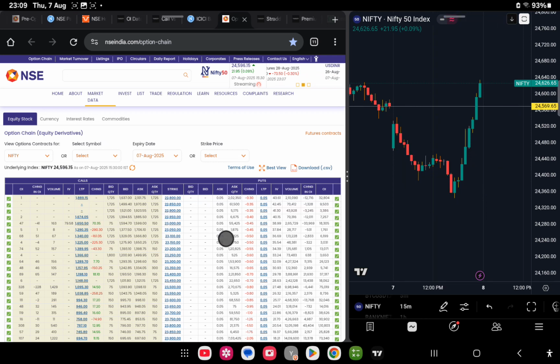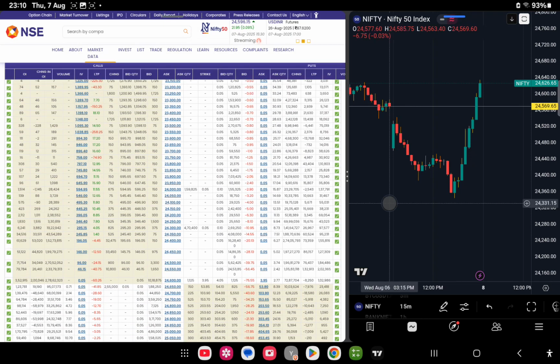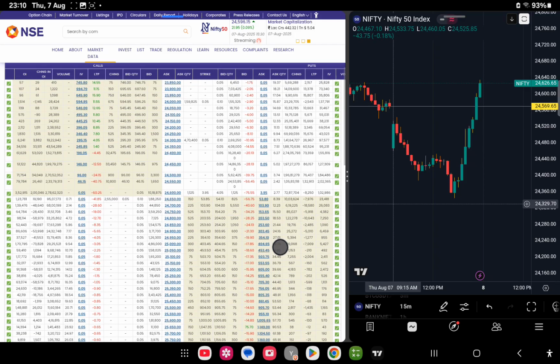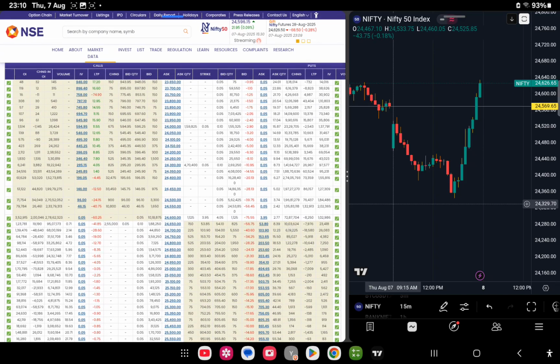Now let's see. We know Nifty open was 450. So let's try to understand some basic concepts. 450 is our open ATM, so this is OTM.